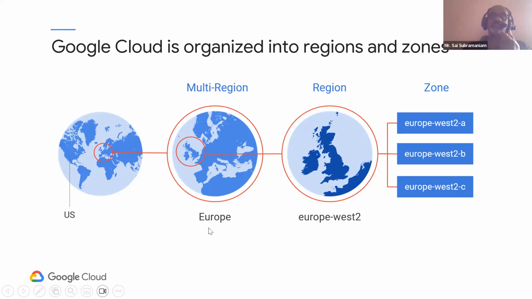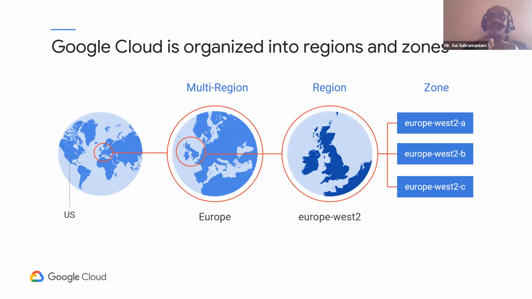And Google Cloud has its own standard naming convention. Let us take, for example, there is a region called Europe-West 2. What does it mean? This is one of the regions. Why? Because you should know the region and the zone. Whenever we deploy, or think that you are creating a virtual machine, where do you place that virtual machine?